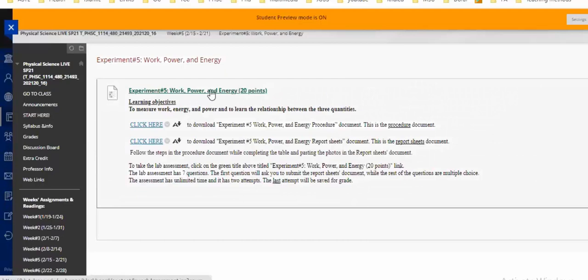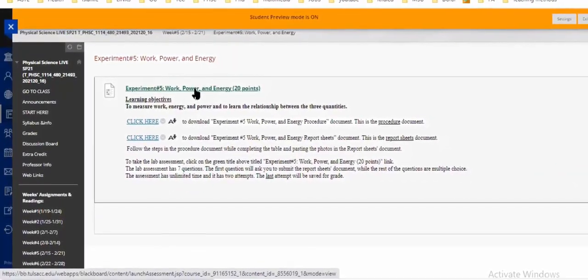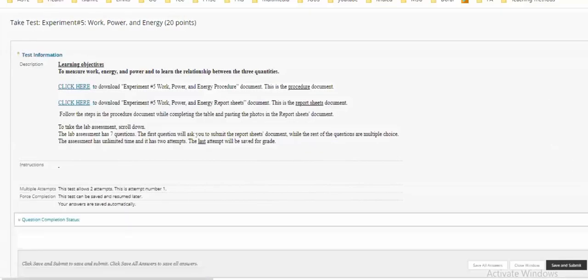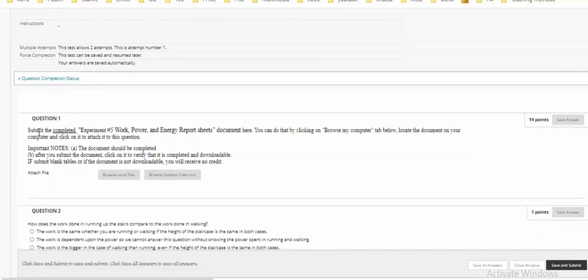When you're ready to submit it, you can click here on the link, experiment number 5, and then it asks you, are you ready to take the lab assessment? Click begin, and you'll be submitting your worksheet in the first question here. The first question: submit the completed experiment number 5 worksheet, the report sheet document.